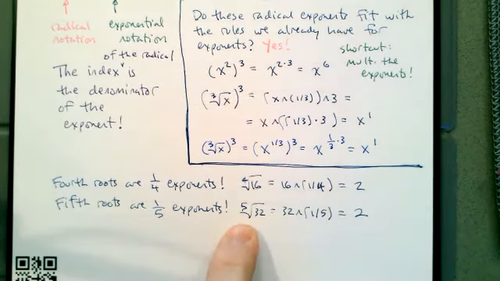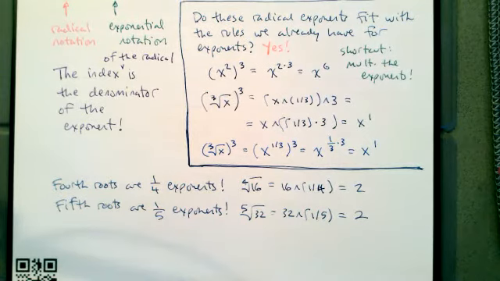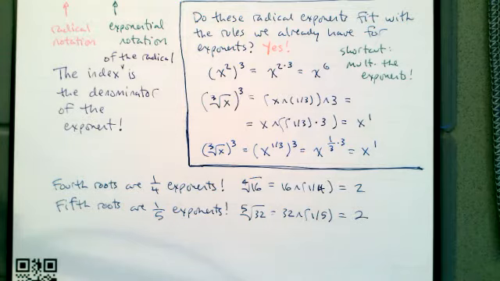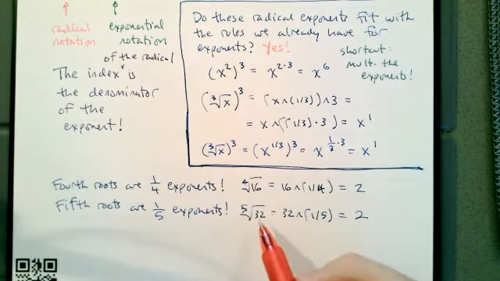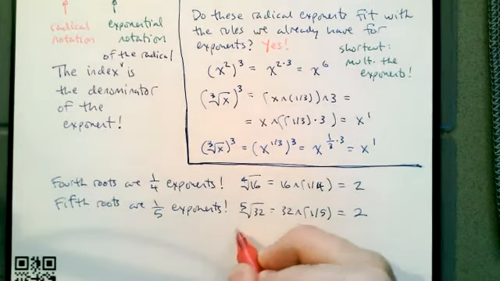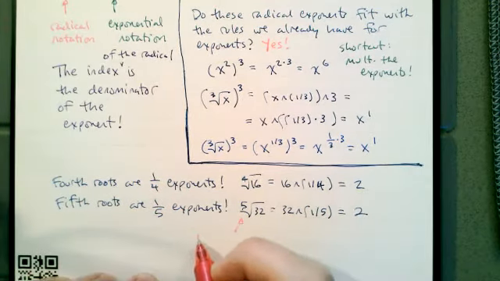So when you see an index in your radical, you say the index root. So fifth root of 32. It's important to pronounce things correctly because we usually see the radical symbol and we're first introduced to it as a square root. So we don't want to say square root unless the index is 2 or there's not one written. We want to make sure that we pronounce this the fifth root.